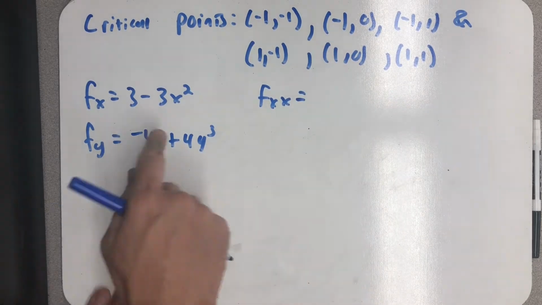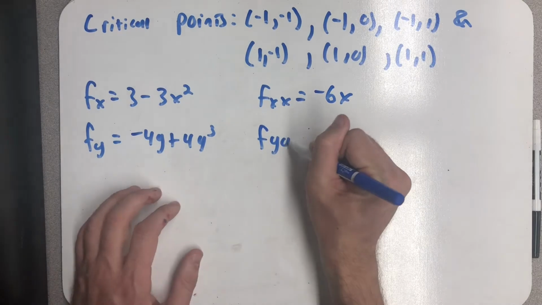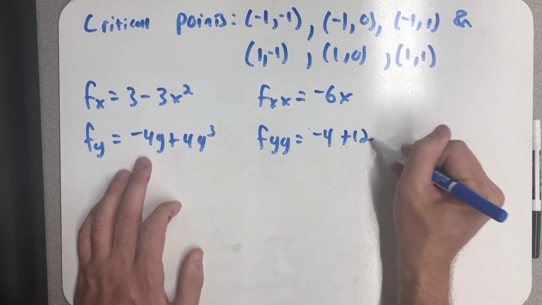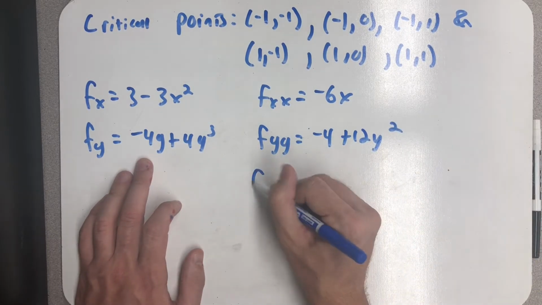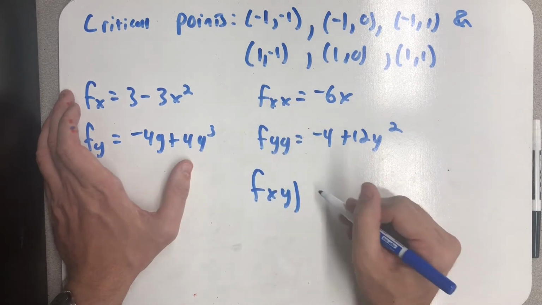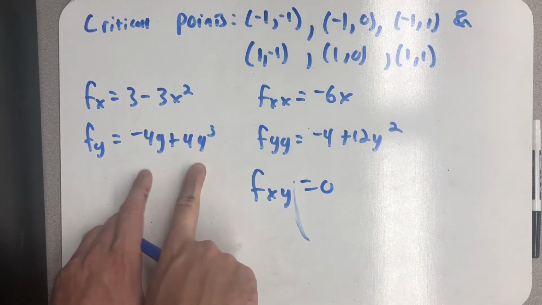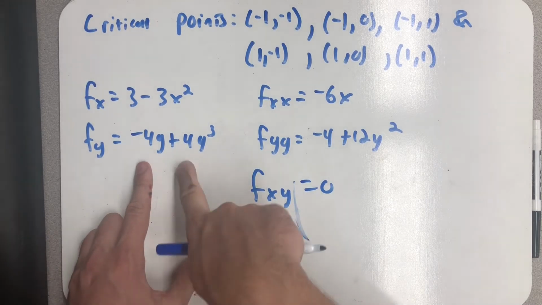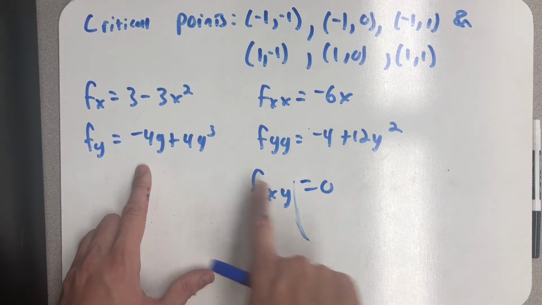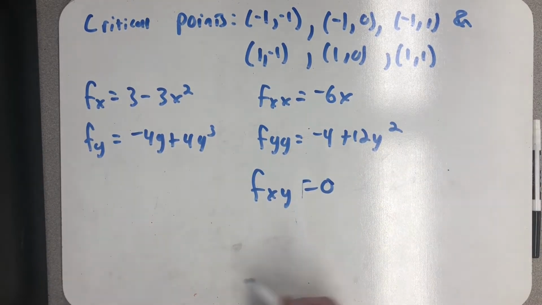The second partial with respect to x would be minus 6x. With respect to y, it would be minus 4 plus 12y squared. And a mixed partial? Well, there are no y's here, so that's 0. And of course, this one has to be 0 too then. This one, I'm pointing at a first partial. If I take the second partial with respect to y and then x, I would also get 0 because of Clairaut's theorem.